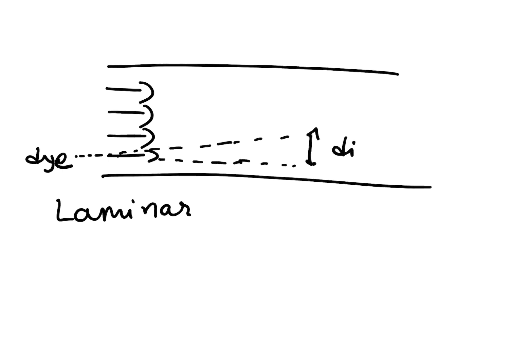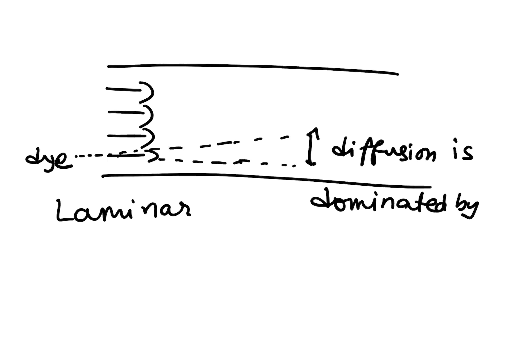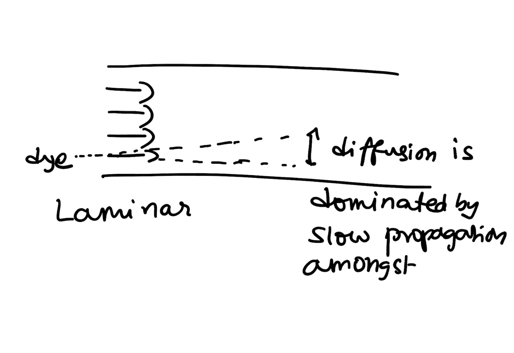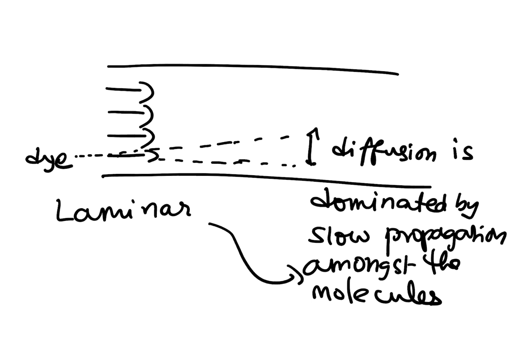So the diffusion is dominated by slow propagation amongst the molecules. That is a characteristic of laminar flow.